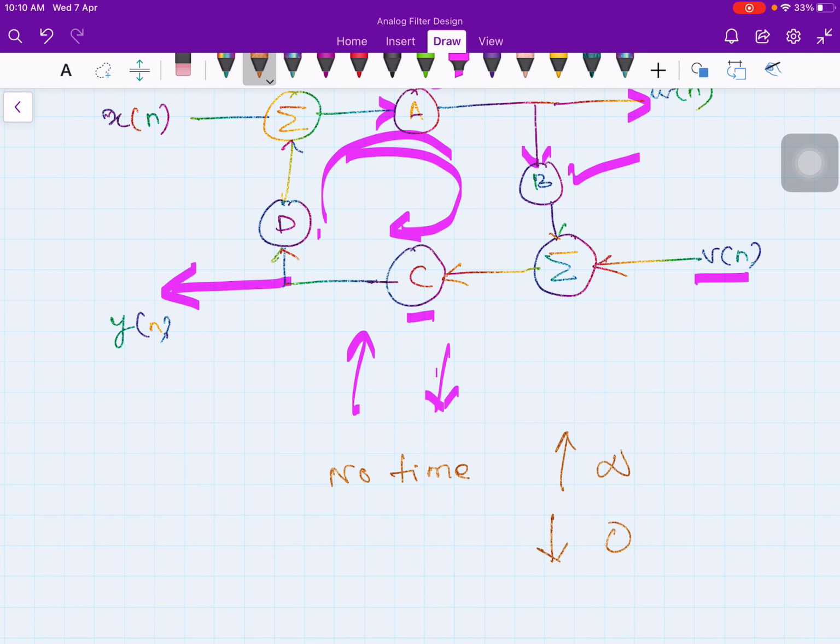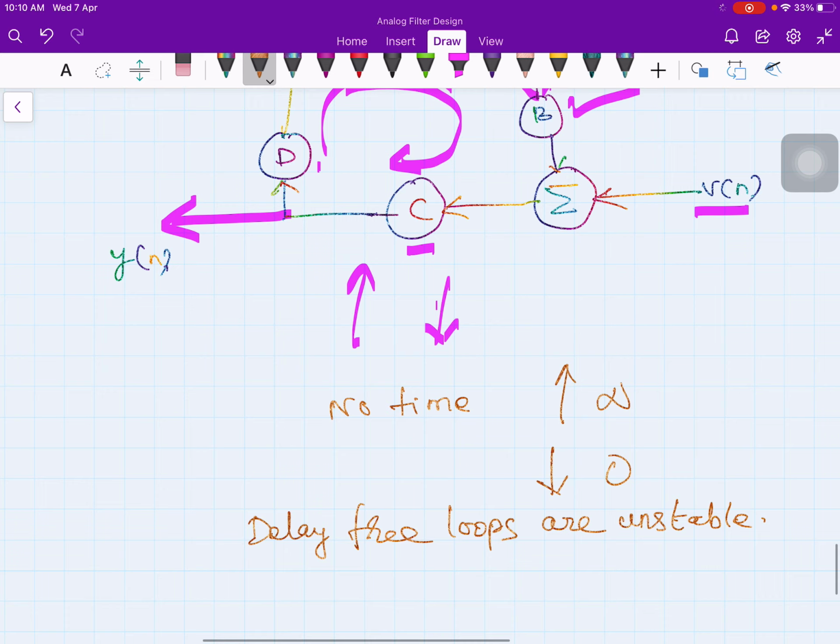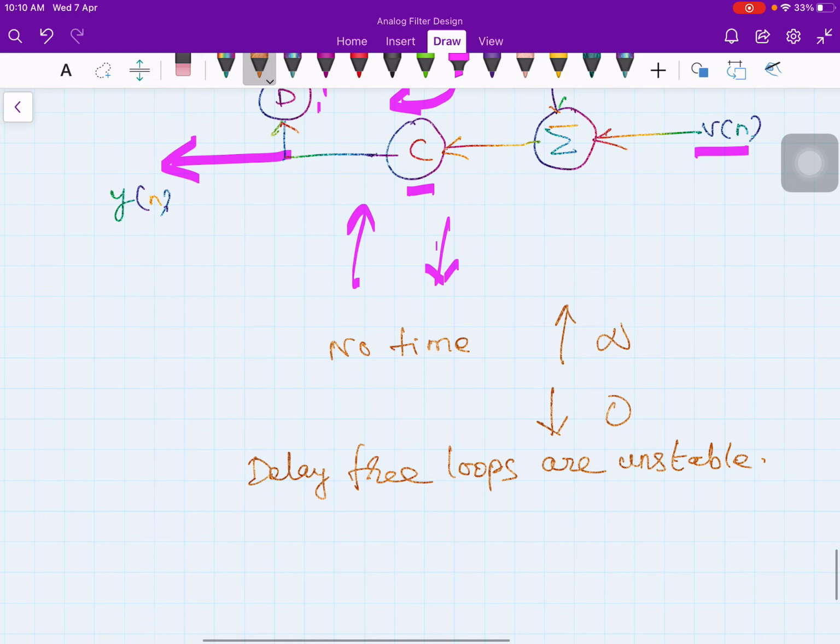Therefore, delay free loops are unstable. You either get nothing from the output or you will get infinite output. Infinity, of course, you cannot get because your number of bits is limited, and therefore you will get a saturated arithmetic.